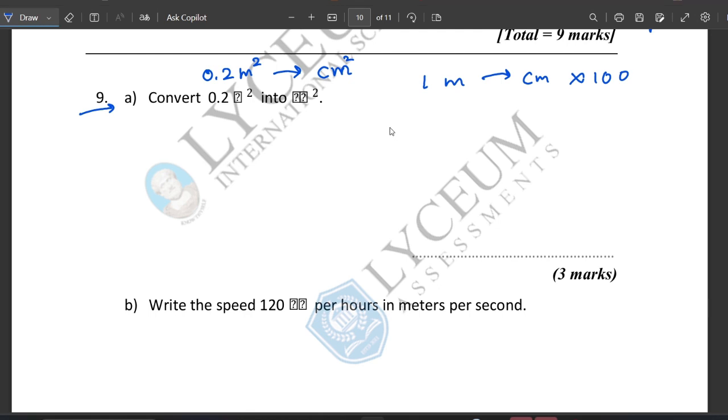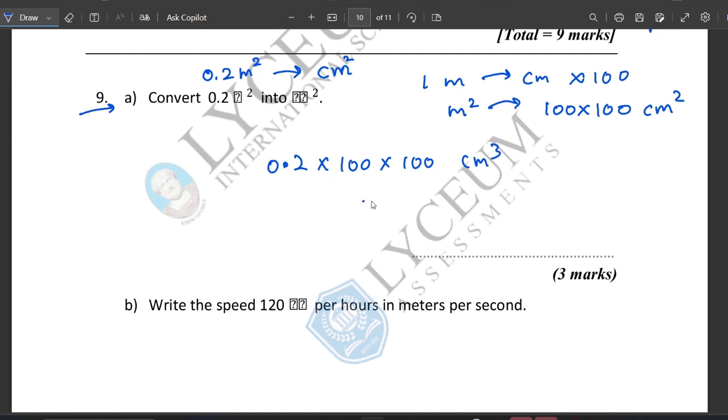And meter squared we have to multiply by 100 two times to get cm squared. So this should be the answer. Then 2 times, 2000 is the answer.